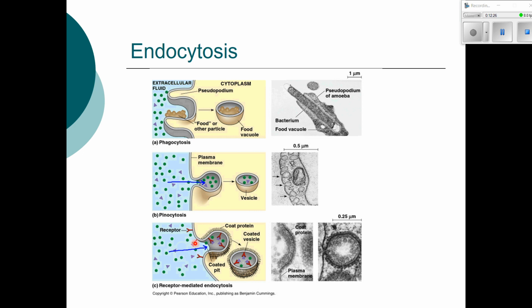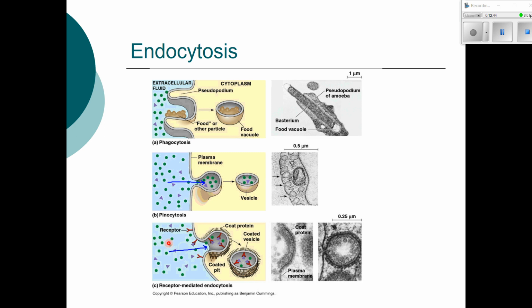You have receptors on the surface of your body cells, and they are cholesterol receptors. And they just sit there, and they don't do anything until there is some cholesterol present in this fluid.